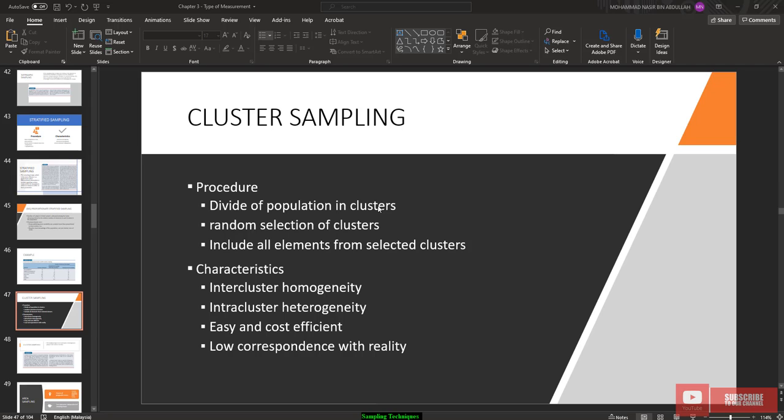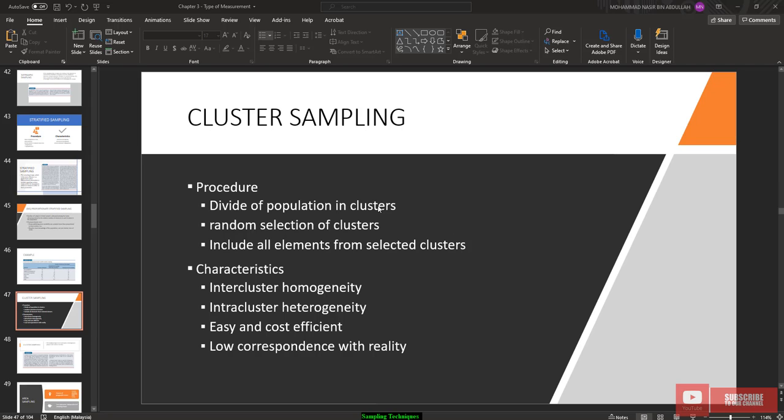select one or two clusters, for example, and then for each cluster, we select all elements in that cluster. We are using what we call a census. We select all. So cluster sampling is best applied when you have a very large population.